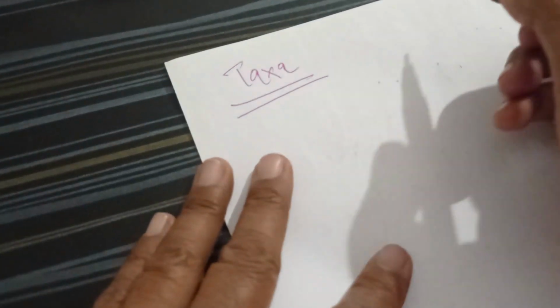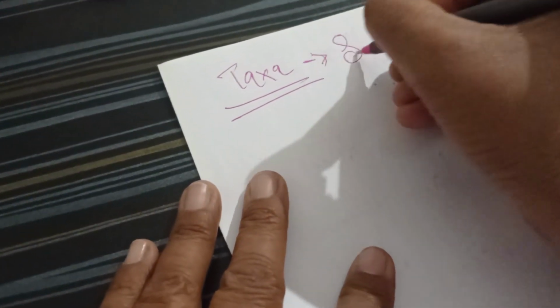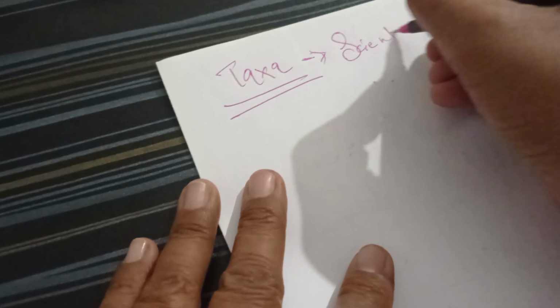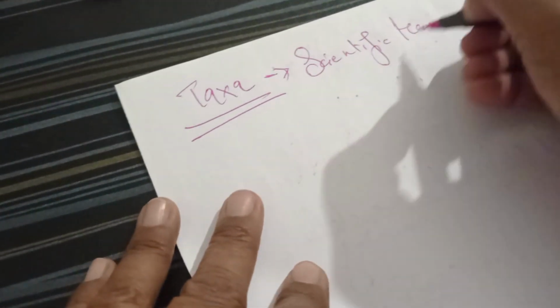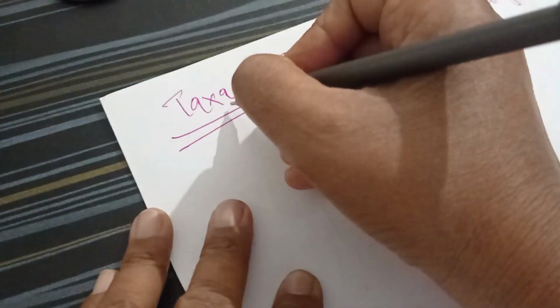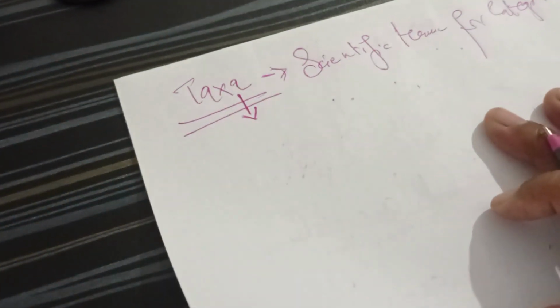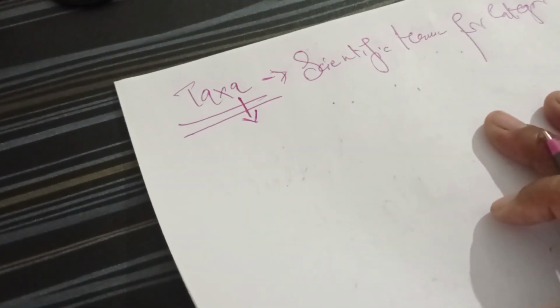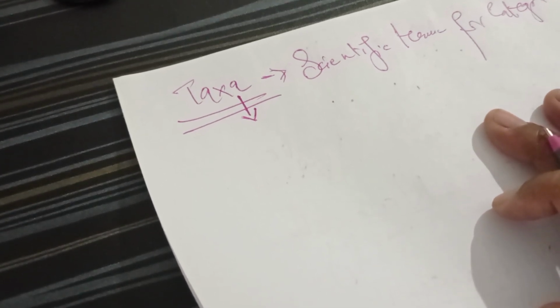Taxa is the scientific term for category. The different groups, categories into which these organisms are classified or grouped are known as the taxa.